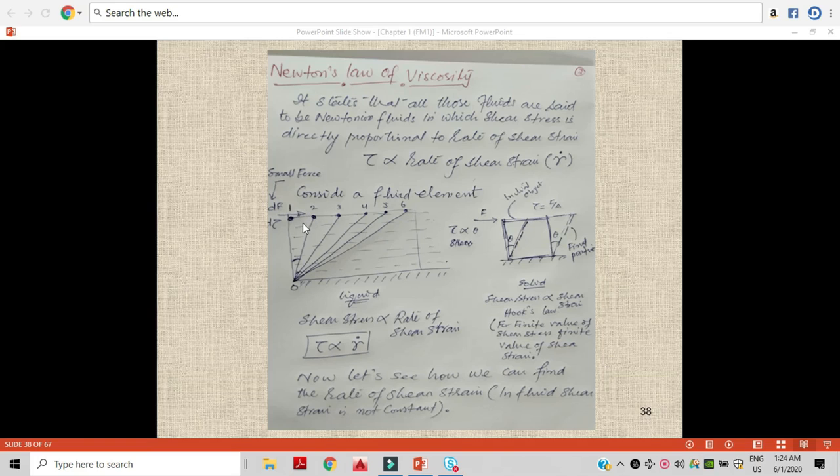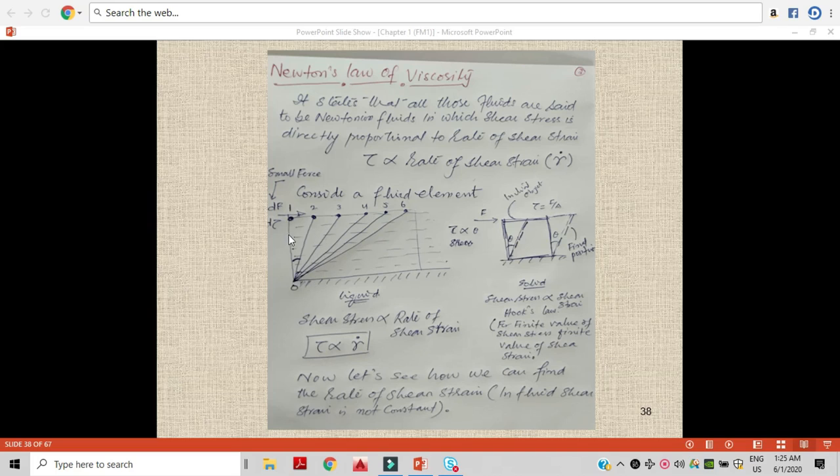Now once we apply this force and because of the small shear stress acting on it, the fluid starts deforming. However small the force is, the fluid will start deforming, and it deforms continuously.